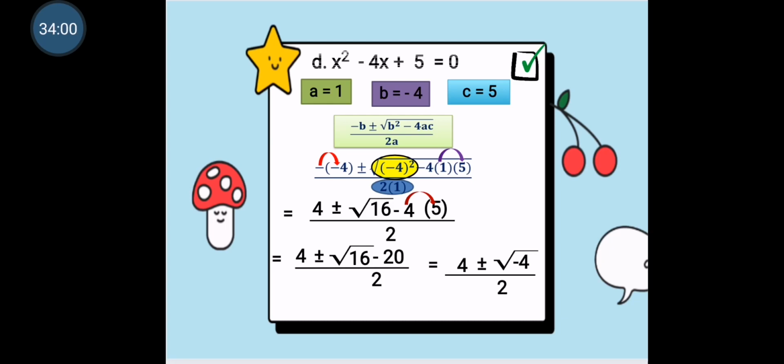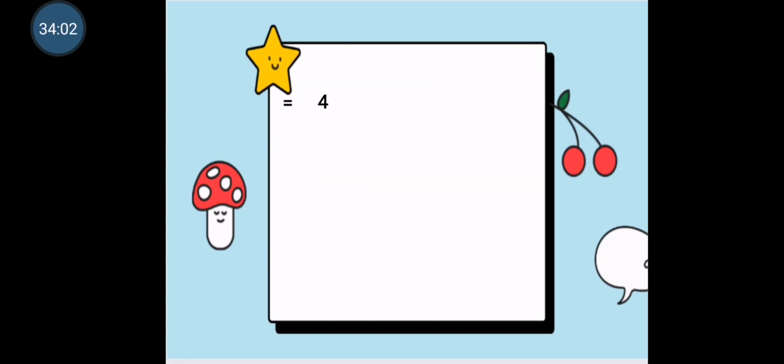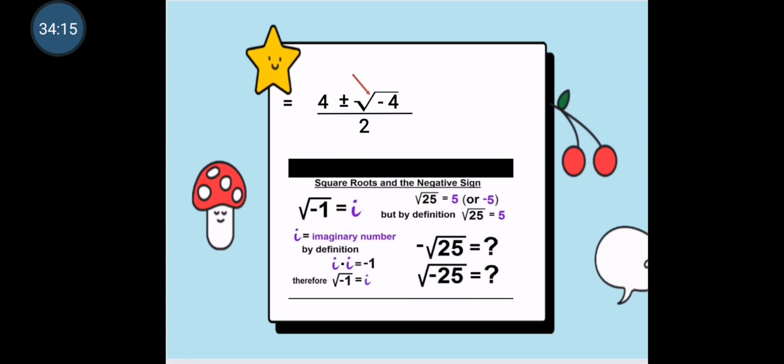Okay? So, paano na ngayon itong may negative? So, ano nga ba ang square root ng negative 4? Is there any value for the square root of negative 4? So, ayan. Ito po ang tandaan. Sa square roots and negative sign, the square root of negative 1 is already an imaginary number.